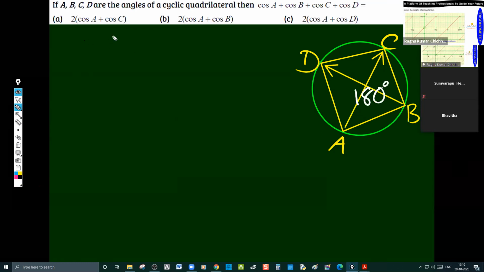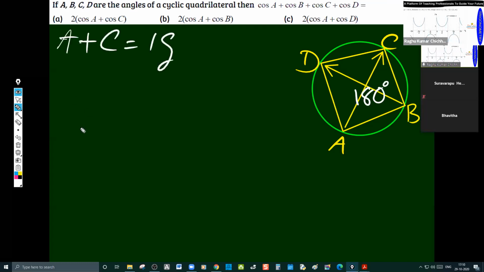So here, what is the expression given? cos A plus cos B plus cos C plus cos D. Now, because it is a cyclic quadrilateral, the sum of opposite angles is equal to 180 degrees.